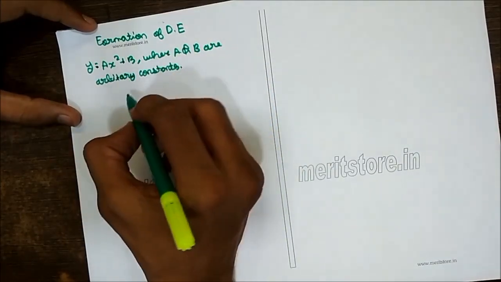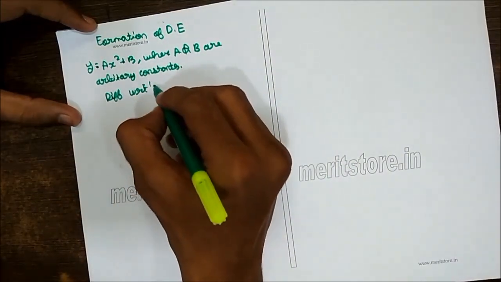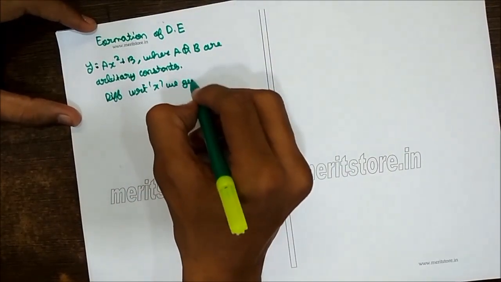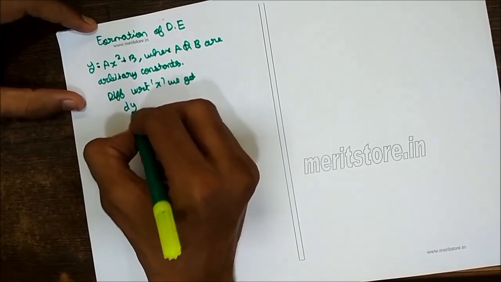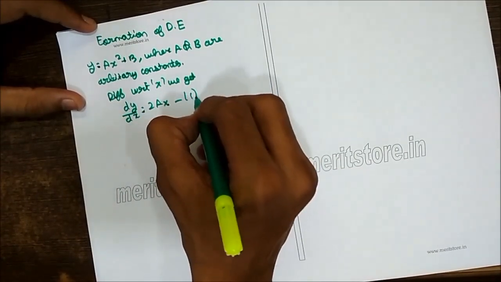Differentiating with respect to x, we get dy by dx is equal to 2ax, the first equation.